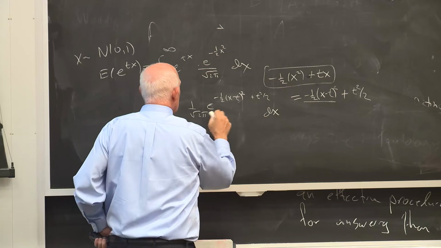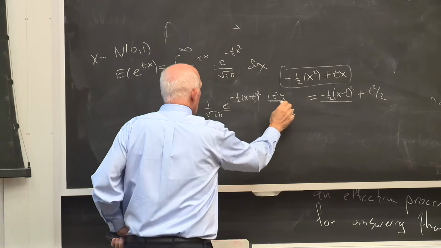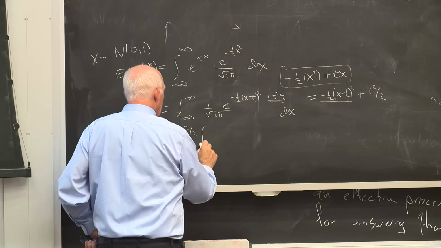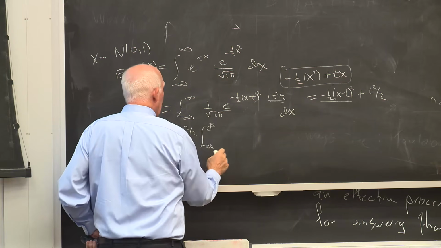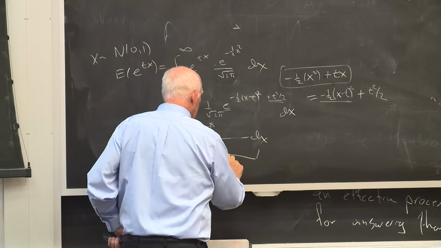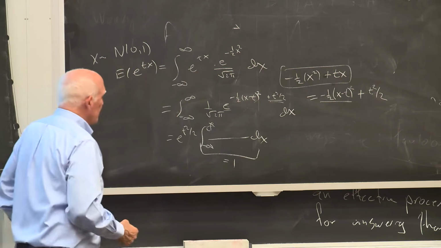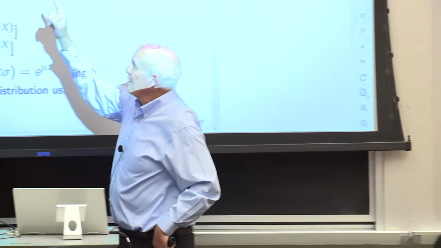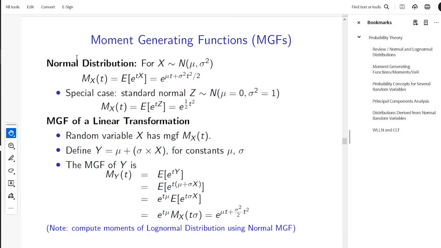The exponential factor with t squared can be taken out, and this integral is simply going to equal 1. So we are able to find the moment generating function for the standard normal very easily. It's equal to e to the 1/2 t squared.